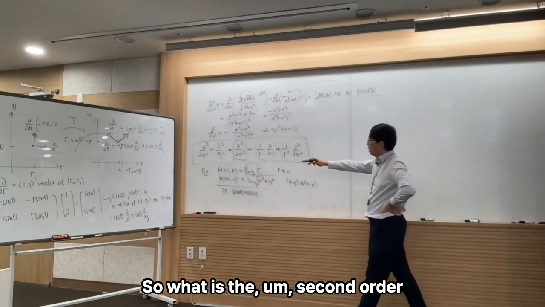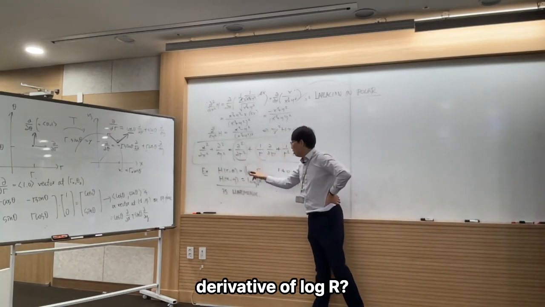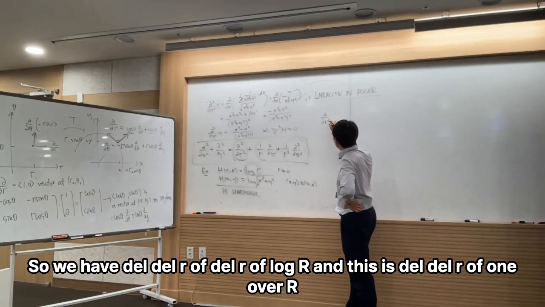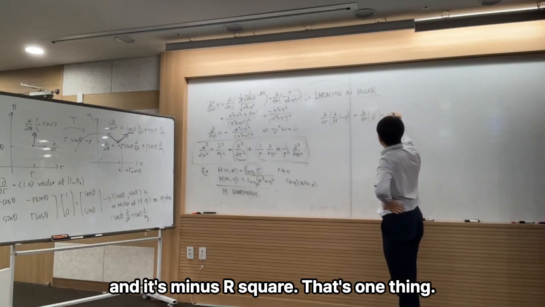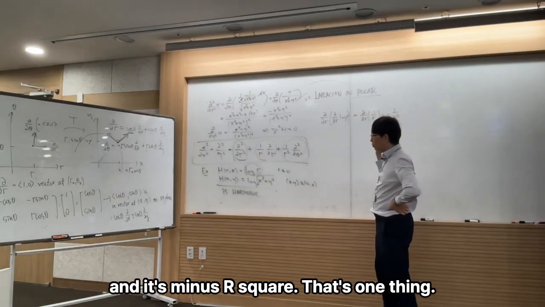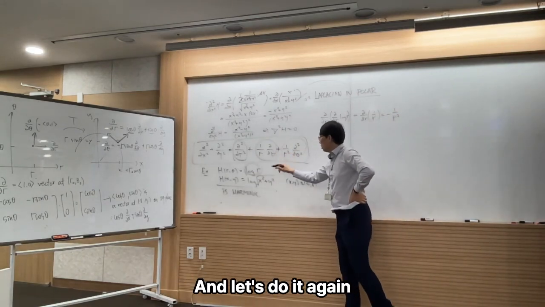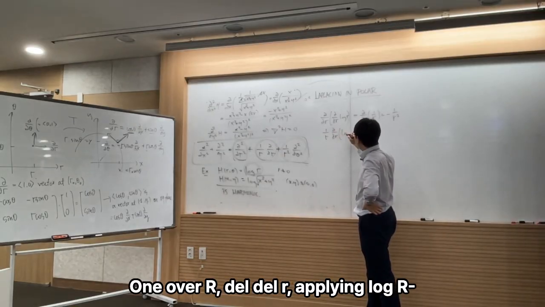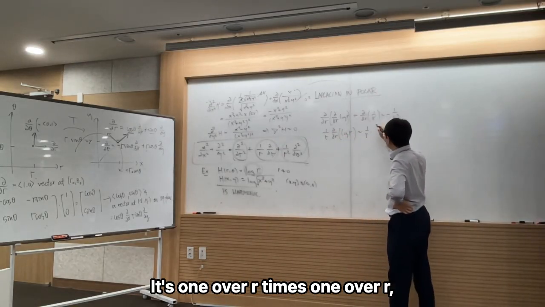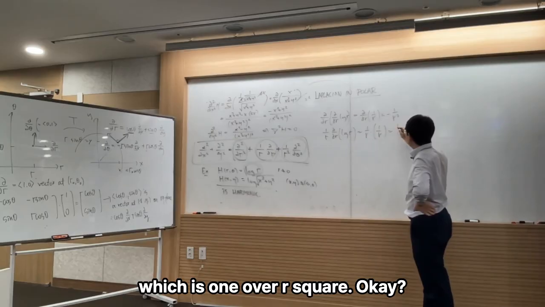What is the second order derivative of log r? We have del r of log r, and this is del r of 1 over r, and it's minus 1 over r squared. That's one thing. And let's do it again. Del r applying log r is 1 over r, times 1 over r, which is 1 over r squared.